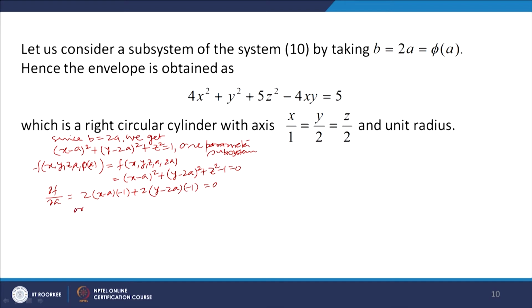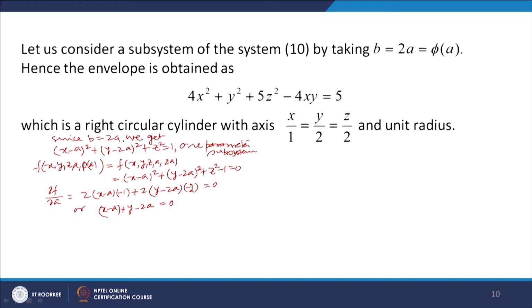We can divide this equation by minus 2. Because when we differentiate with respect to a, we get 2 times (x minus a) into minus 1, then 2 times (y minus 2a) into minus 2.